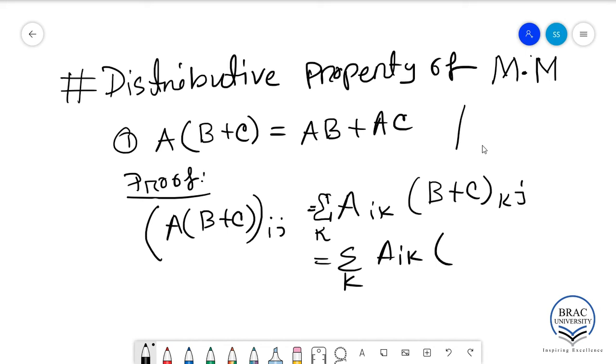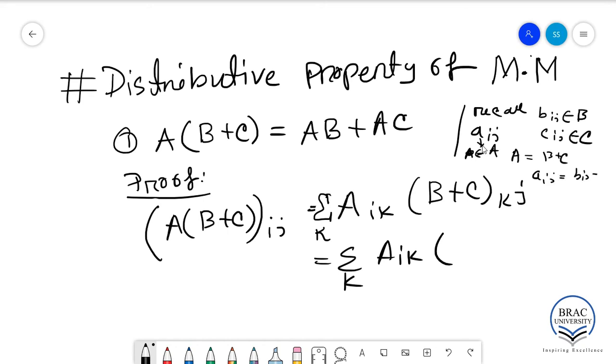That is, just a small reminder, recall, if you had Aij, that is some matrix element that belongs to A, let's say, and if you had Bij belonging to some capital B matrix and Cij belonging to capital C matrix, then if you had written A equals B plus C, you would write in component-wise like this: Aij is equal to Bij plus Cij, right?